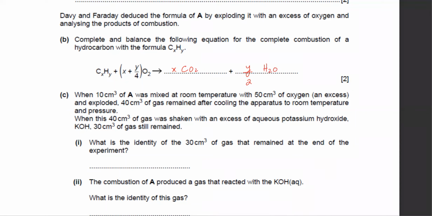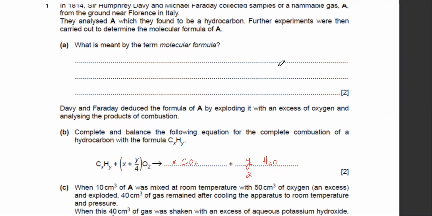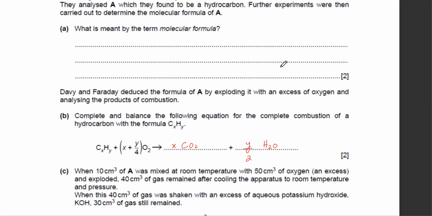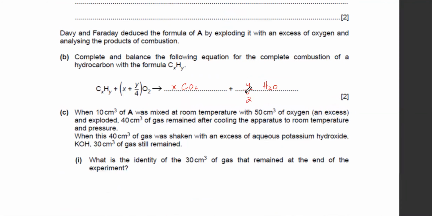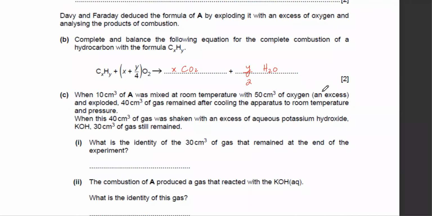Just make sure always what is the state of water. Okay? Look at the conditions that he's using. He has stated it's room temperature. The water will be in liquid state, it's not going to be a gas. So if he talks about gas, that would not include water. Okay? Is that clear? Because it's at room temperature.